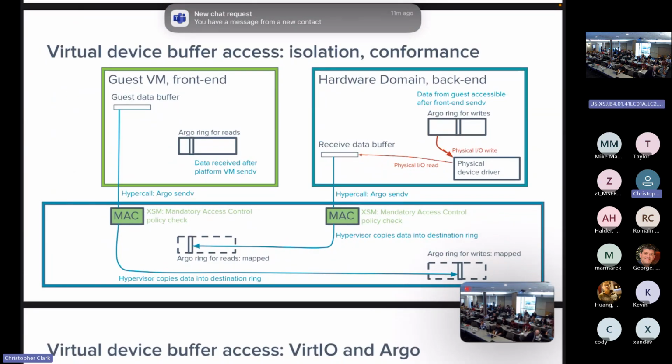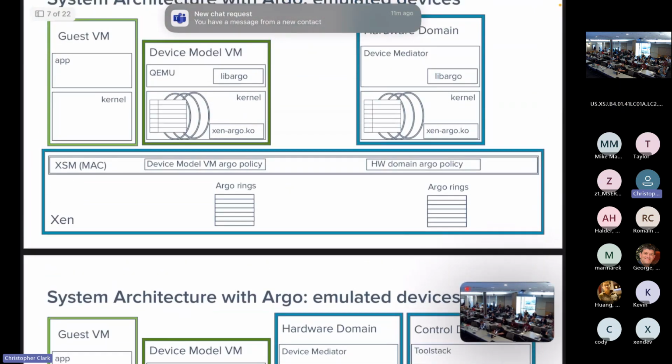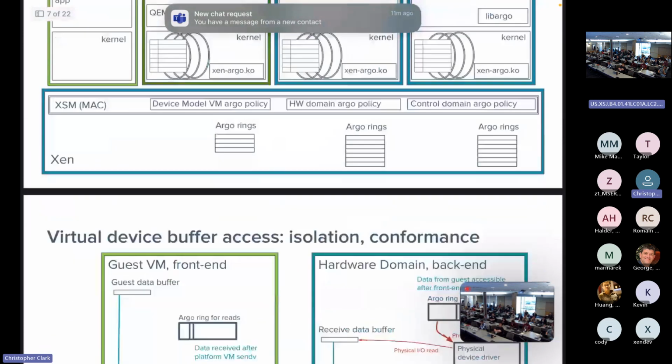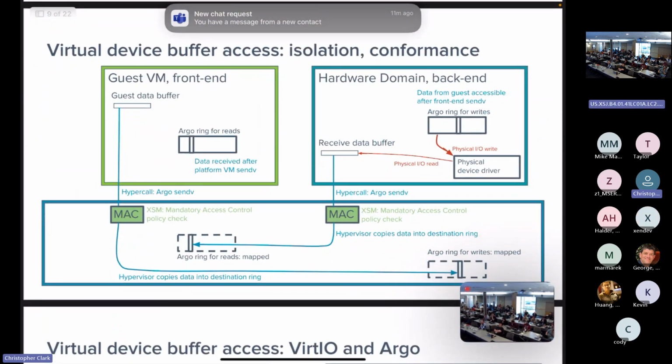So what we have in this slide is a diagram showing how the data operations work when you're communicating from that guest VM to the hardware domain, from this architecture. This is how the data buffers are actually accessed.